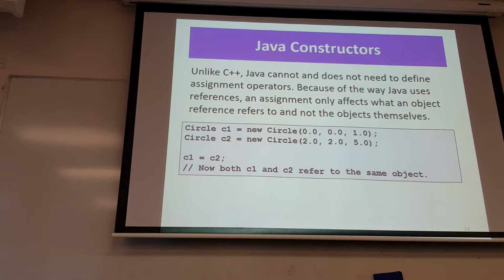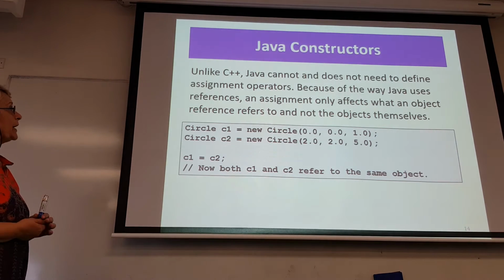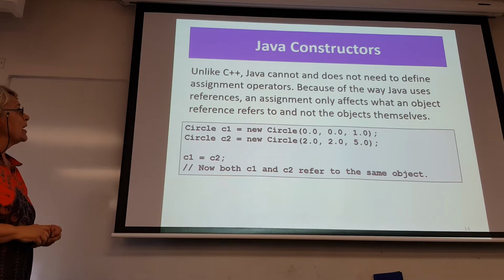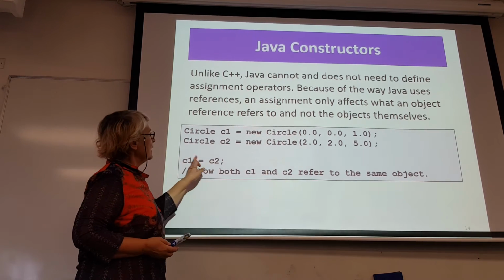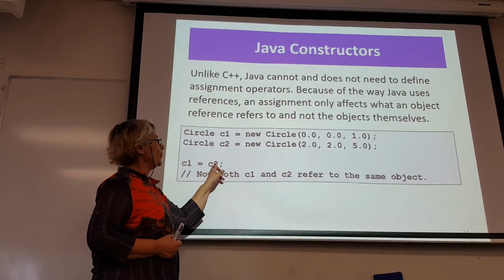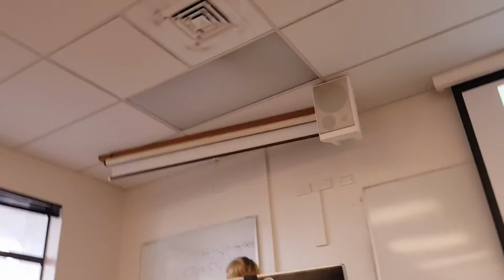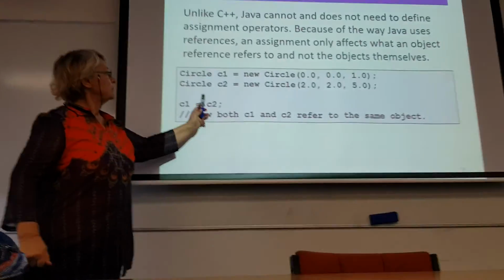So, operator overloading does not exist in Java, sorry. Operator overloading, with one exception for string concatenation, is not allowed. As I said, C1 and C2, when you do assignment in Java, you will get pointing to the same memory.